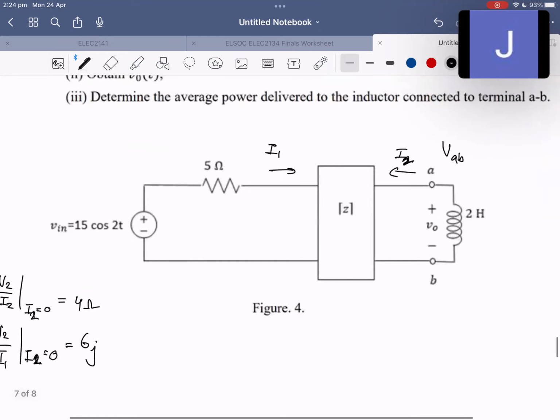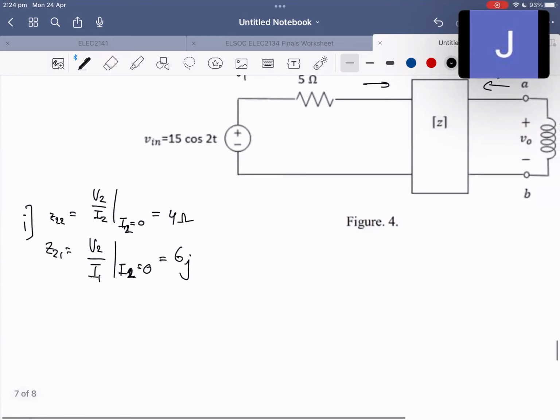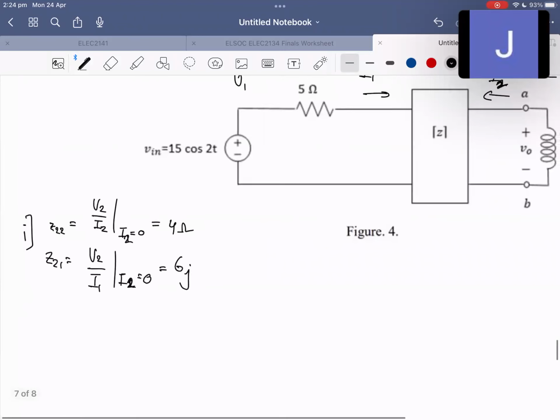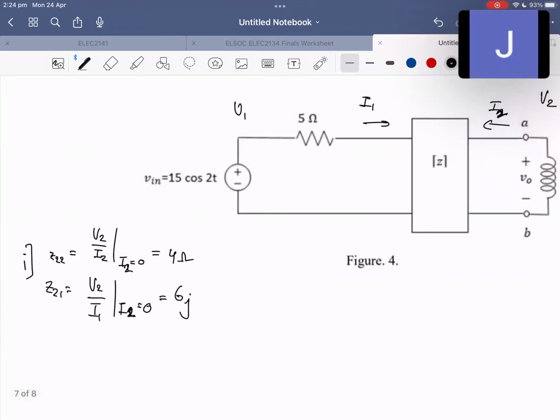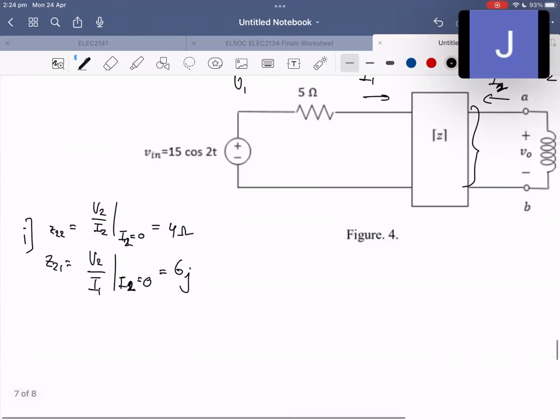Let's call this V2 instead of VAB, because that's what you're used to, so V1 on the left and V2 on the right. Z21 is V2 on I1 when AB is open circuited, so I2 is 0. Z22 is the impedance it sees from these terminals, which is 4 ohms.